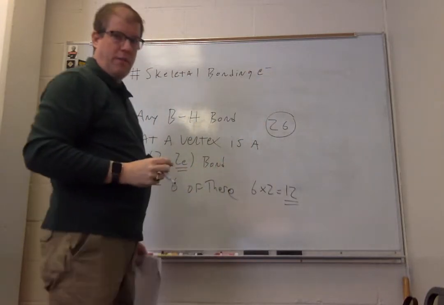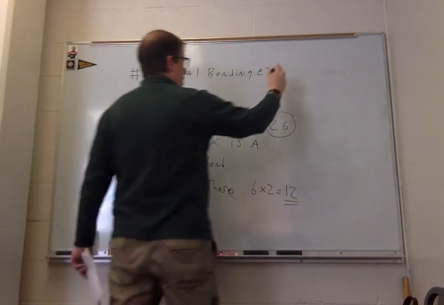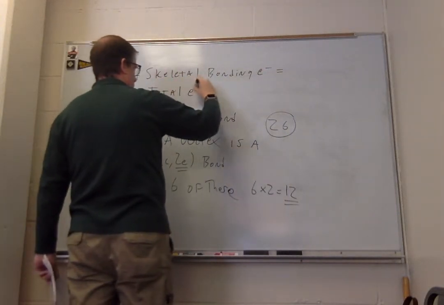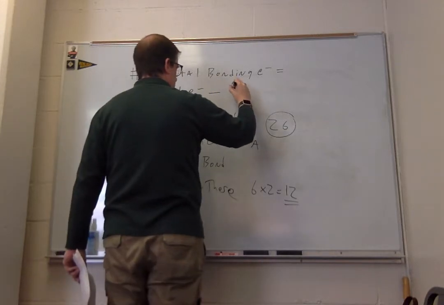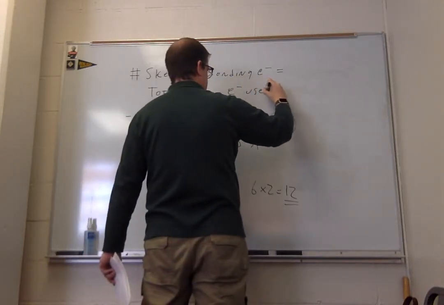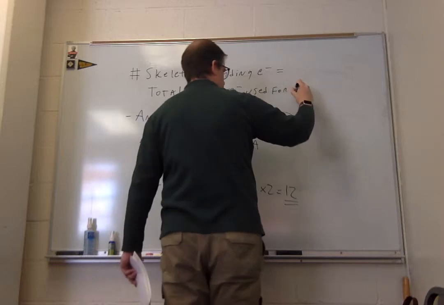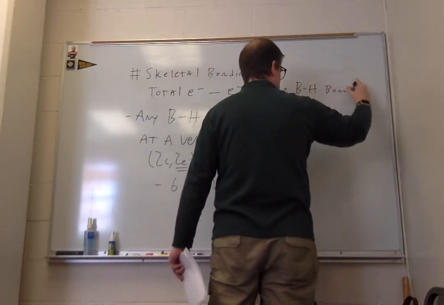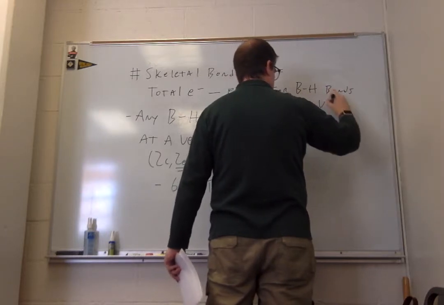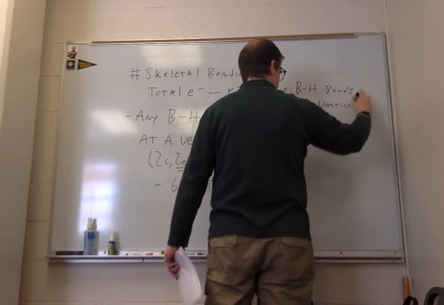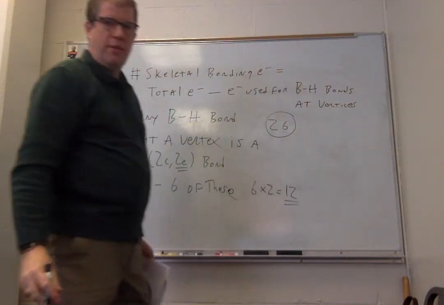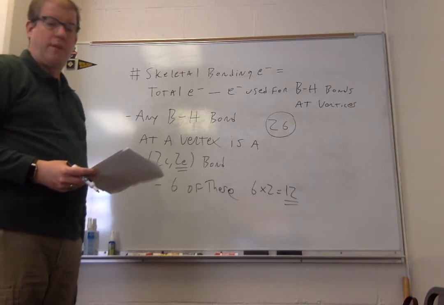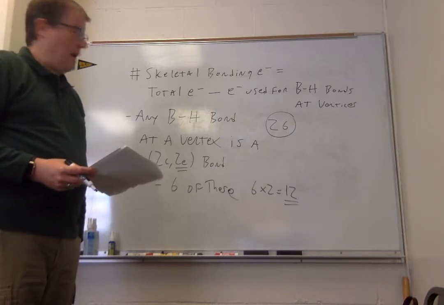And so that means the number of skeletal bonding electrons equals total electrons minus the total number of electrons used to form the boron-hydrogen bonds, in this case 6 of them, at the vertices.